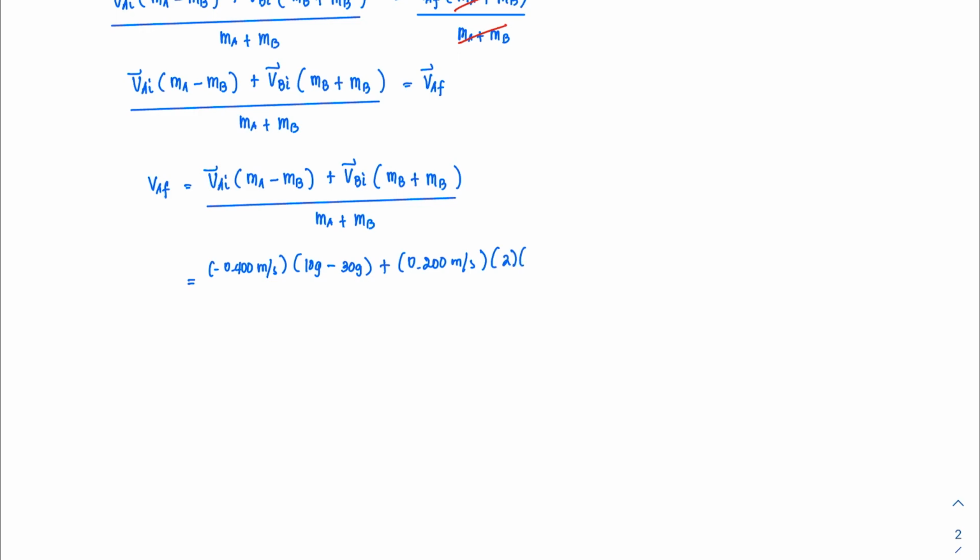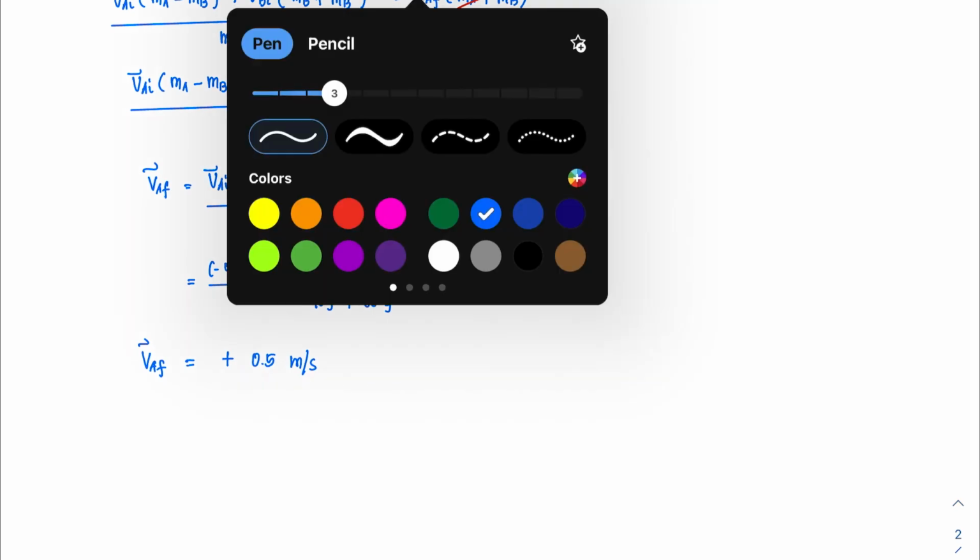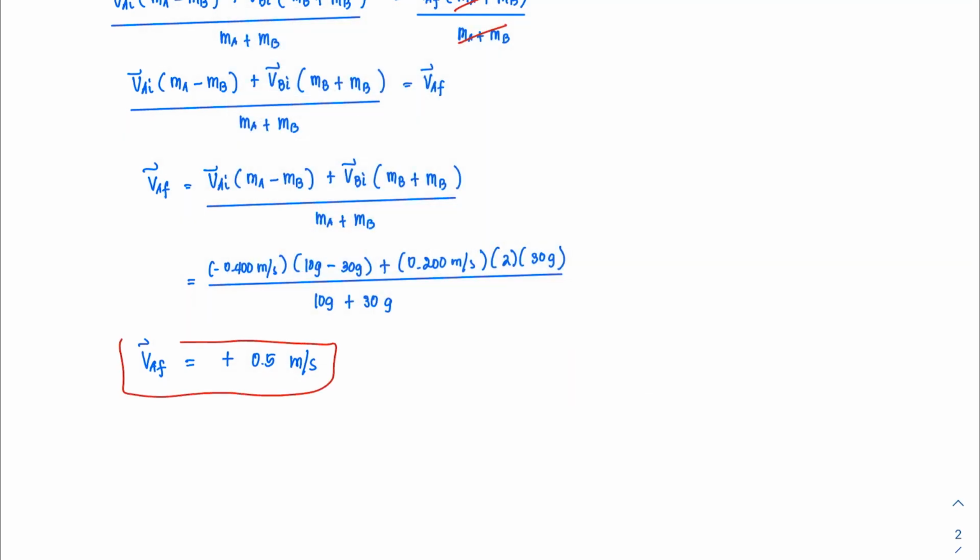So that's twice the mass of B. Mass of B is 30 grams. Everything is divided by the sum of the masses. You have 10 grams for A plus 30 grams for B. When you calculate that on your calculator, that will give you a value of positive 0.5 meters per second. So this is your VAF.